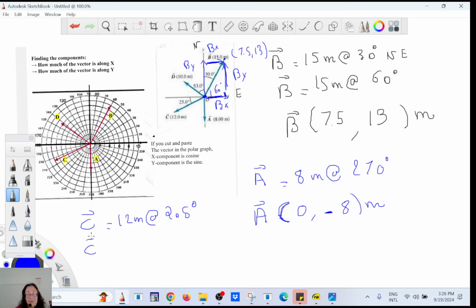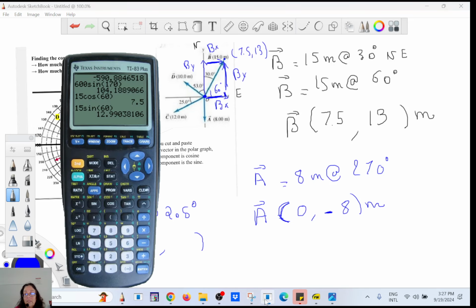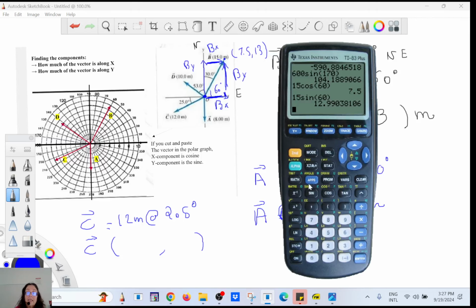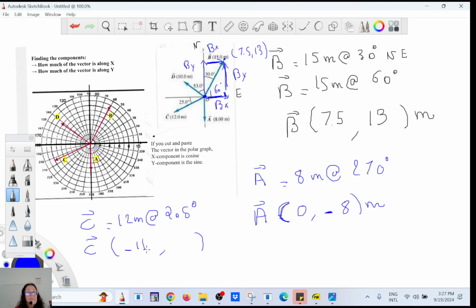So in that case, the vector has two components. All you have to do, you take your TI, it's going to be 12 cosine 205, minus 11. And what?